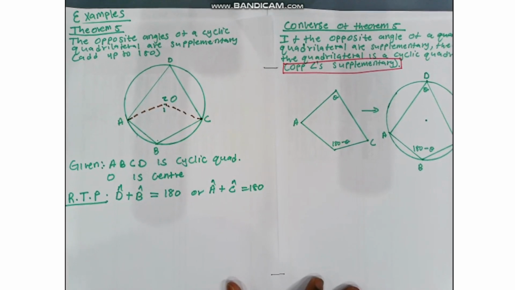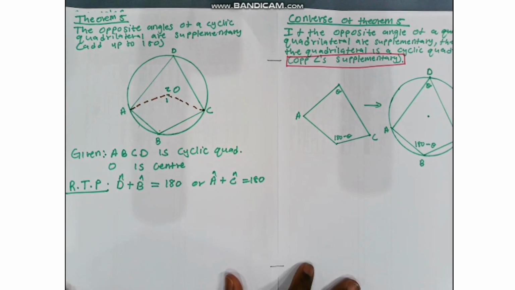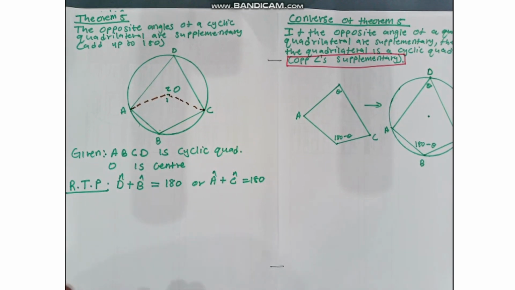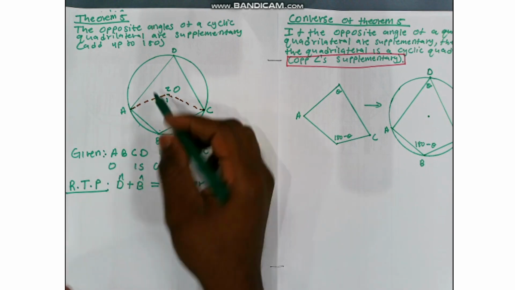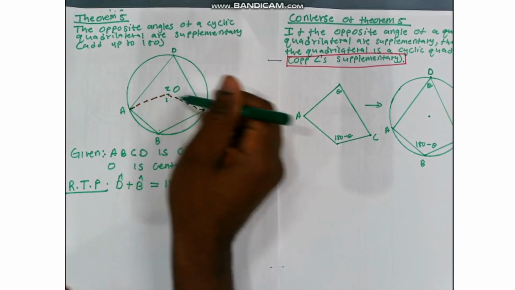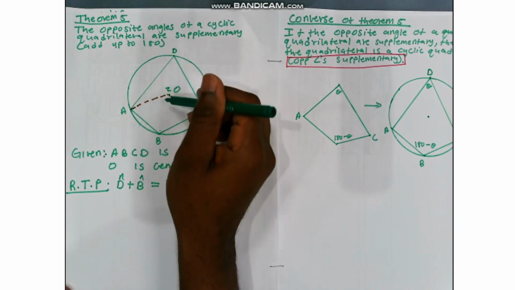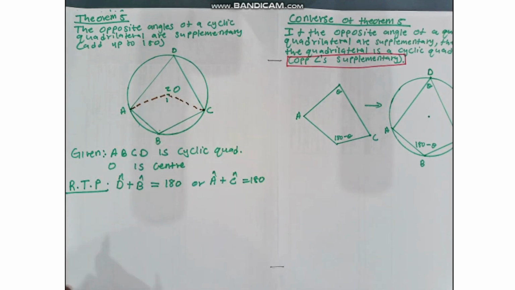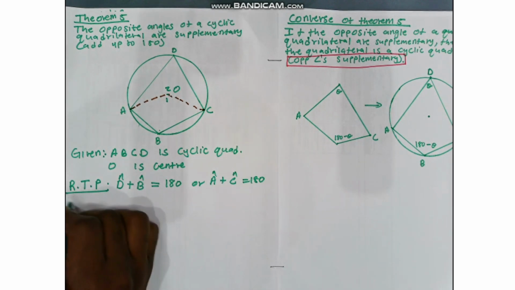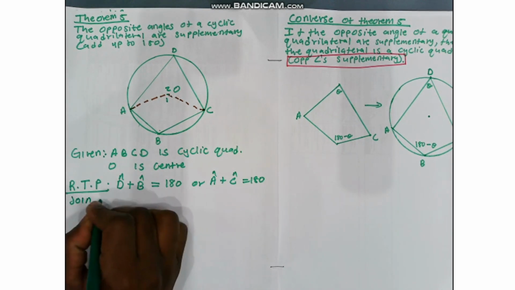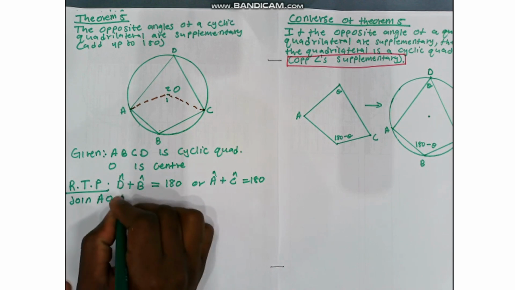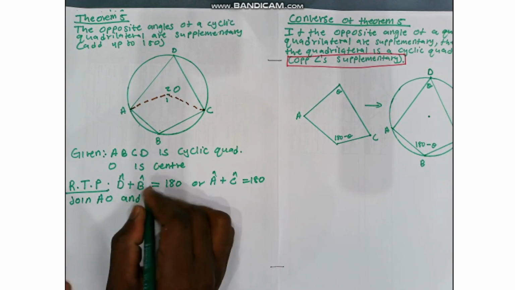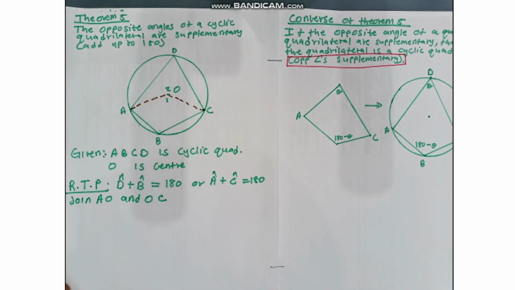Now I hope you see the theorems that we already came to, like theorem 2. Which one? This one and this one. Twice the angle at the circumference. I hope you remember that theorem. Here we joined AO and we joined OC.